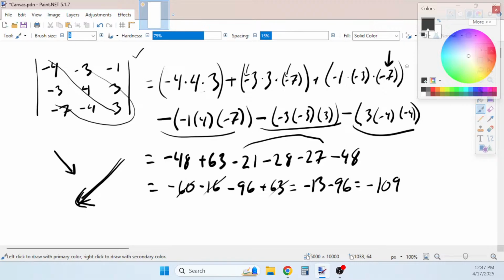That should be a negative. That means that here, this is not negative 28, but negative.